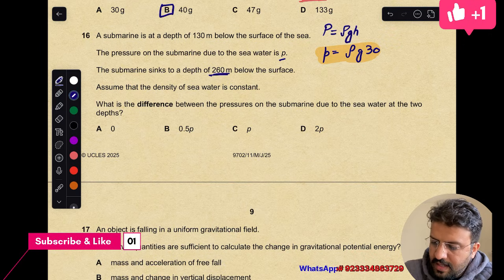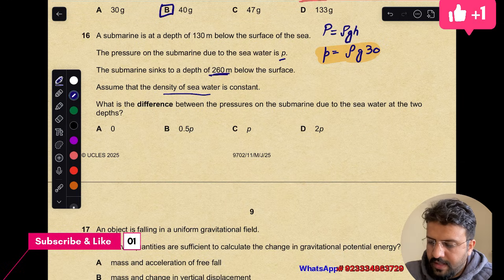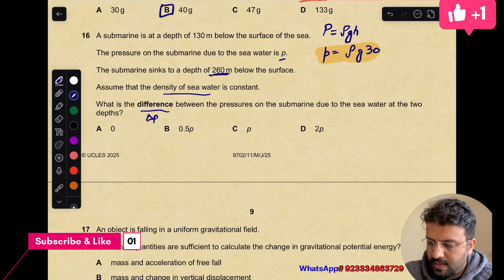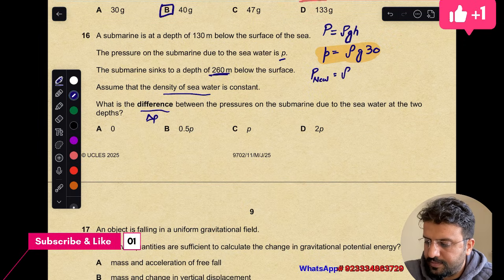The submarine sinks to a depth of 260 meters below the surface. Assume that the density of the water remains constant. What is the pressure difference between the pressure on the submarine due to the seawater at the two depths? So the new pressure, I can say it's rho g and the depth is 260.